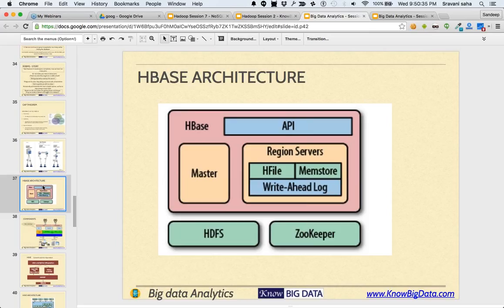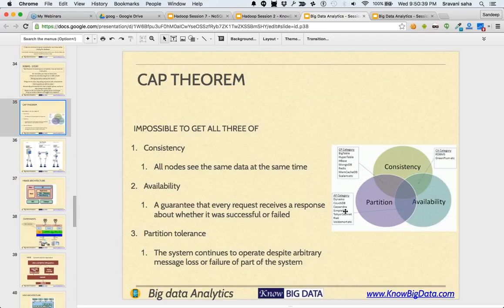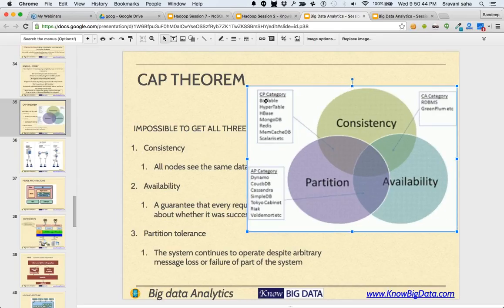So HBase is one of the databases, and you can see in this diagram that nobody lies in the center, while there are many players in the intersection of C and P, C and A, and P and A. RDBMS generally lie in the consistency domain.